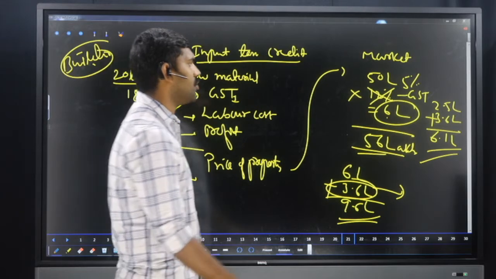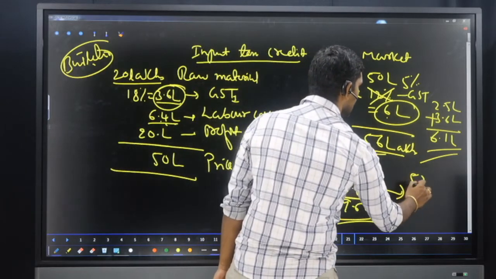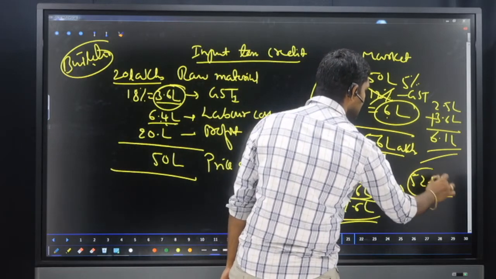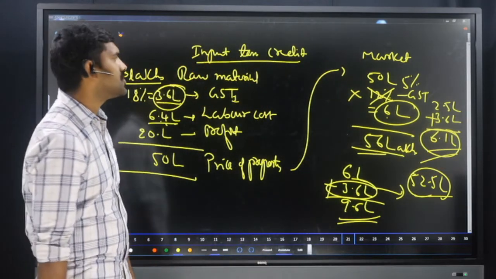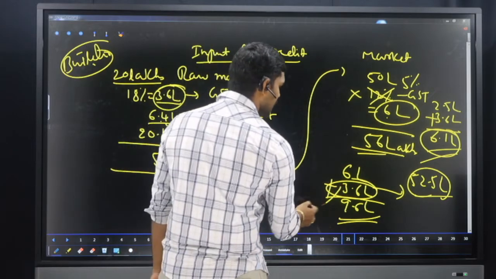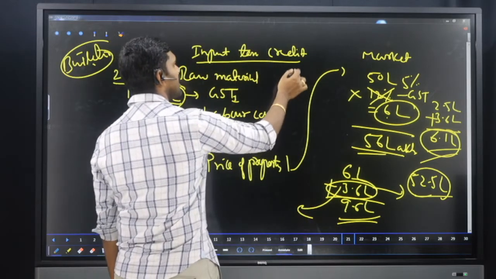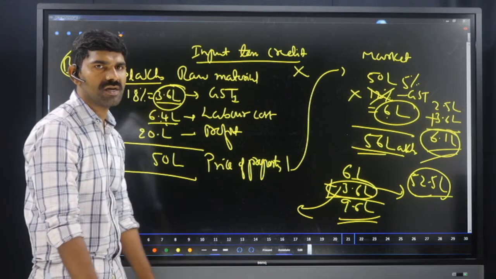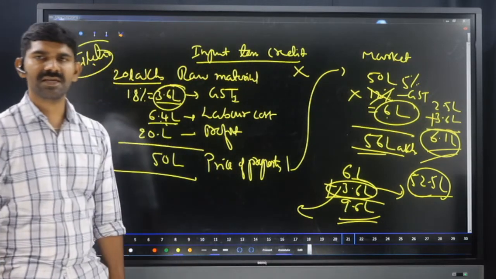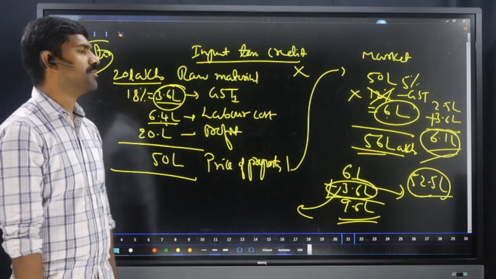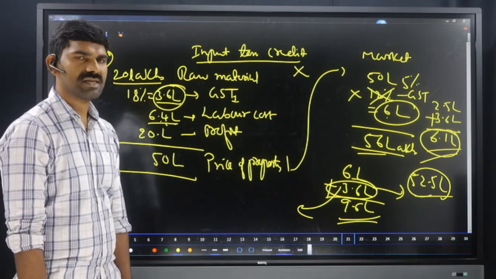Now customer will pay only 52.5 lakh. In 52.5 lakhs, the GST is 2.5 lakh. That's it. So now the customer burden is reduced. That money which was given back by the government is called input tax credit. Now for real estate, input tax credit is removed and the GST is reduced from 12 percentage to 5 percentage. Is it clear? So this is the concept of input tax credit.